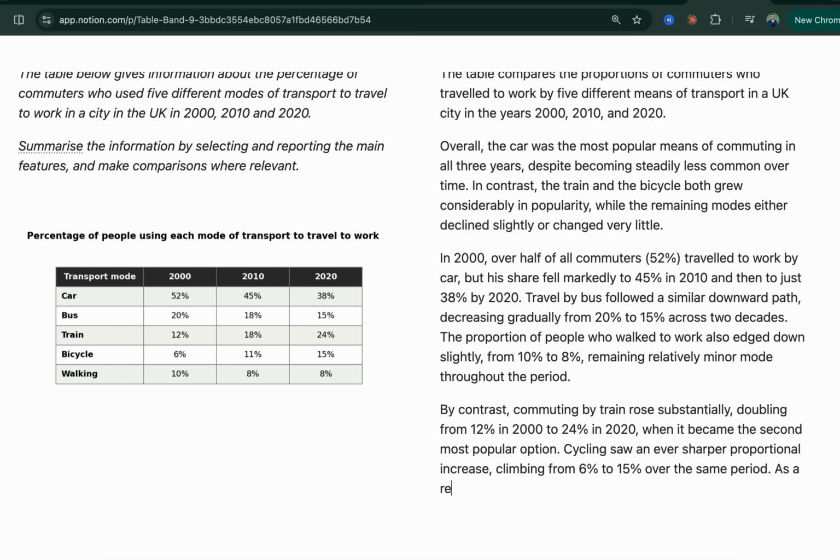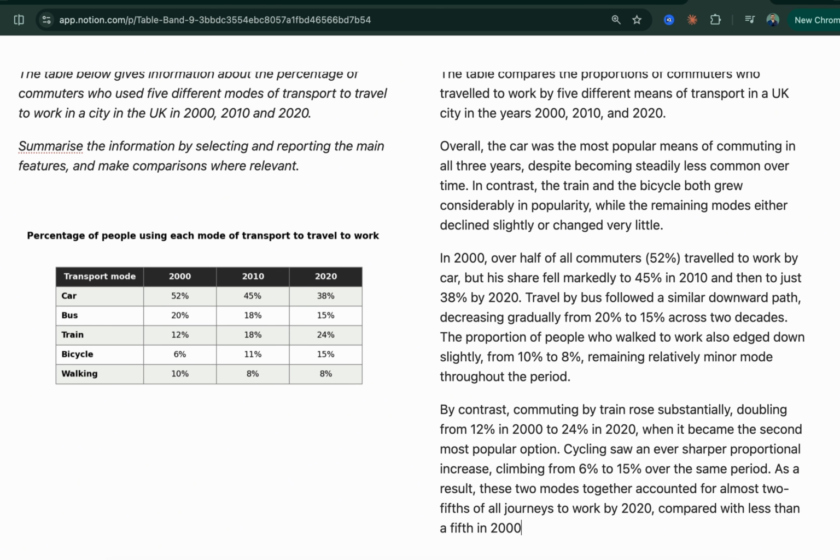As a result, so that's my final sentence, these two modes together accounted for almost 2/5 of all journeys to work by 2020, compared with less than a fifth in 2000.